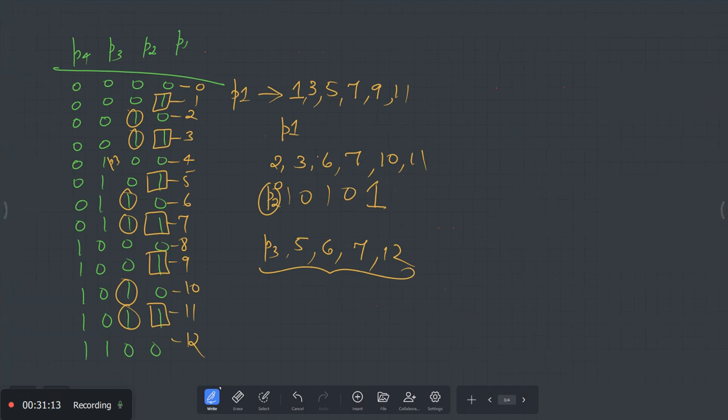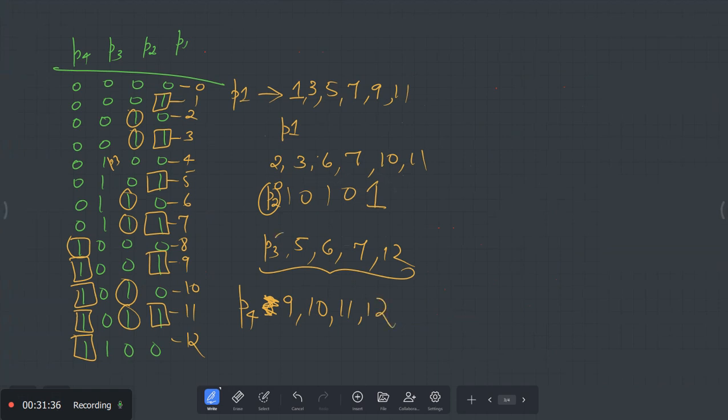How do you get P4? P4 is 8, 9, 10, 11 and 12. So 8 is going to be P4 only, I will not write that. Then you will get 9, 10, 11, 12.